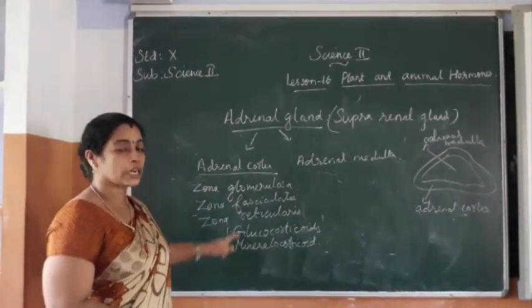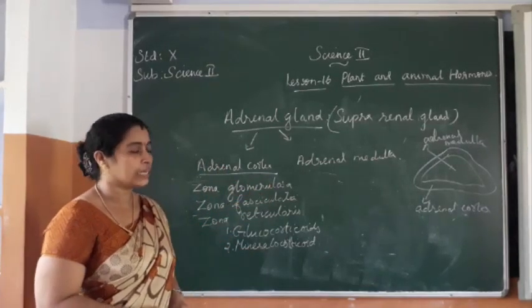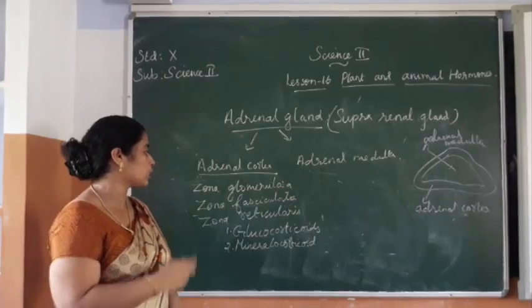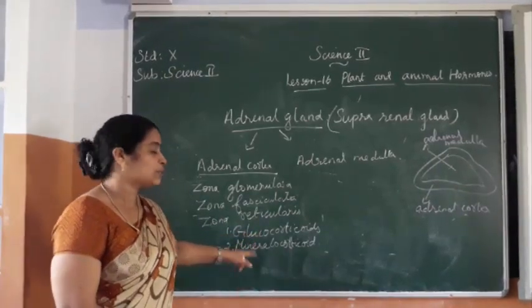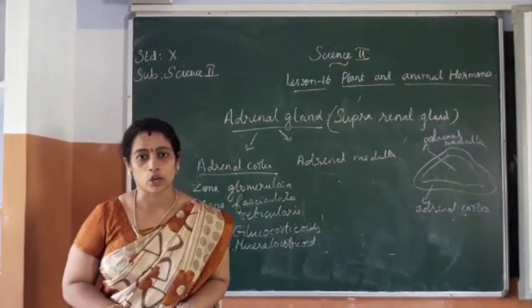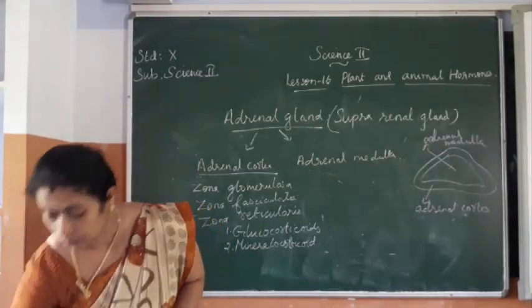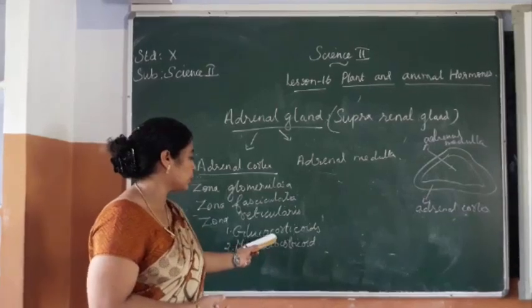So the adrenal cortex forms the outermost portion of the adrenal gland, consists of three layers, zona glomerulosa, zona fasciculata and zona reticularis, and produces two hormones, glucocorticoid and mineralocorticoid.